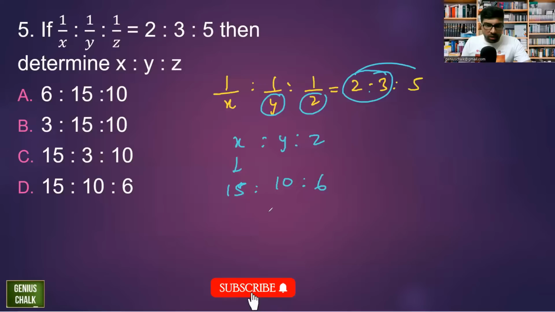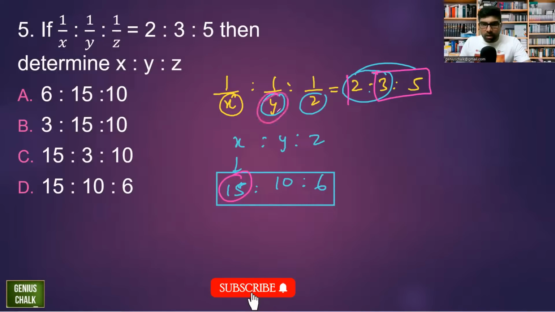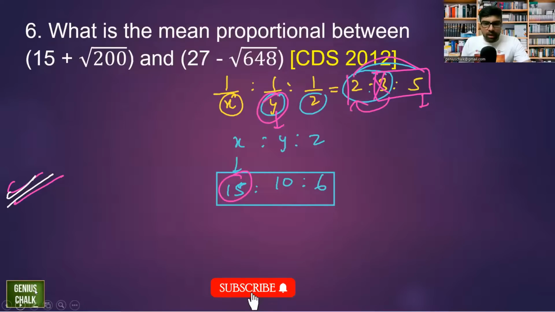So this form you always remember, whenever the reverse is asked: if you are finding x, then don't take x, take the other two, 5 into 3, 15. For y, don't take y, take 5 into 2, 10. For z, don't take z, take the other two, that is 6. So what is my answer? It is 15 is to 10 is to 6, that is option D. And this question also.